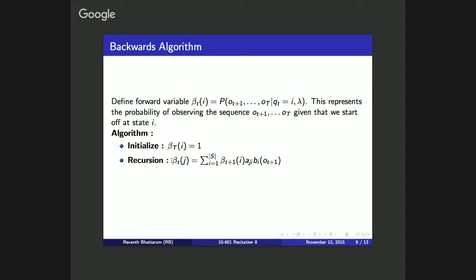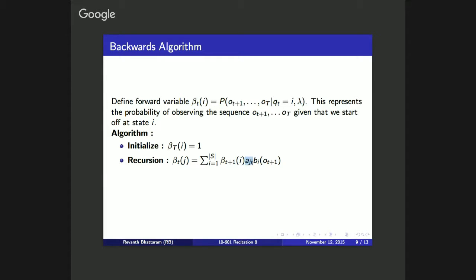So again, similar to the forwards algorithm, we look one step forward over here. I'm currently at state J, so I could go to some other state I. So we sum over all possible states I to which I can transition to next.